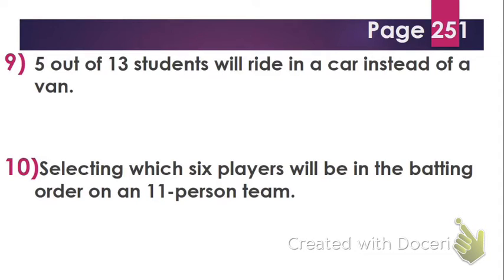So I'm looking at number 9, page 151. We have a group of how many students? 13 total students. And we're going to choose how many of them? 5 of them. And what are those 5 going to do? They're going to ride in a car. So let's imagine for just a minute that I pick you 5 right here. As I'm reading out the names, does it matter whether I call Dalen's name first or Greg's name first?